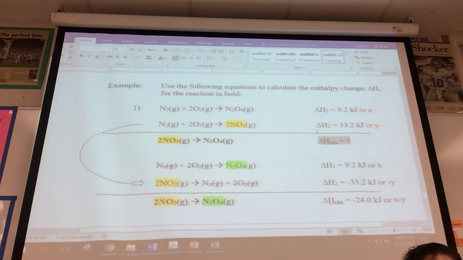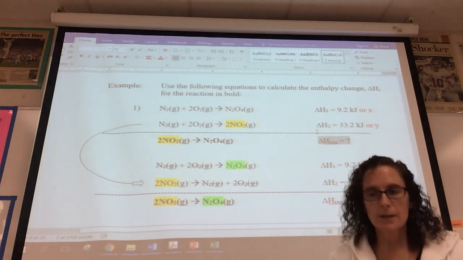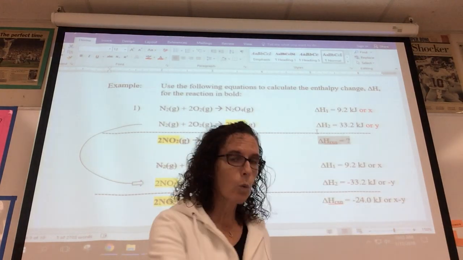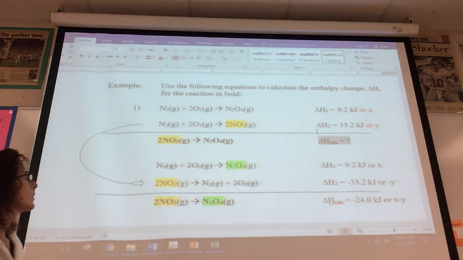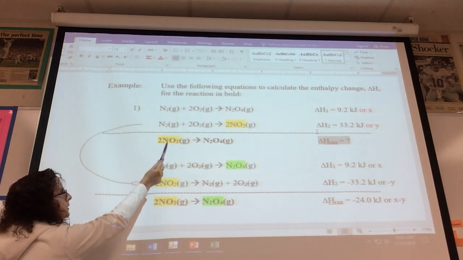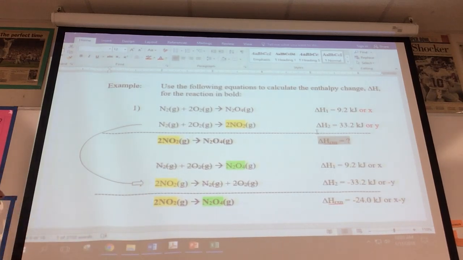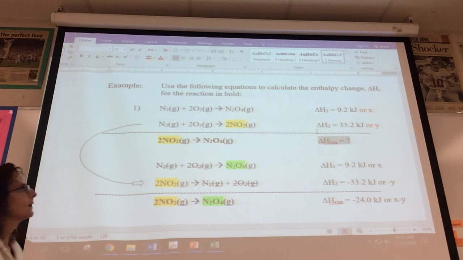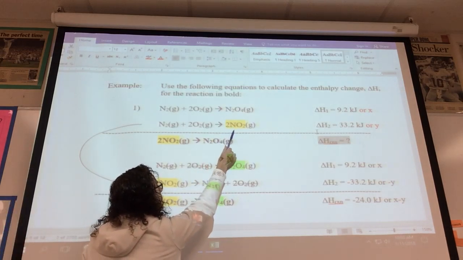My approach to work these types of problems is to typically start with the first reactant. I've got nitrogen dioxide here. I look for nitrogen dioxide in one of the step equations, if you will, and I see it right here.